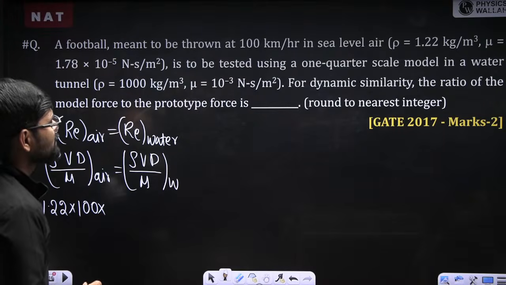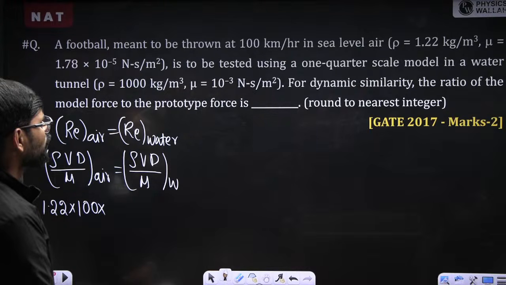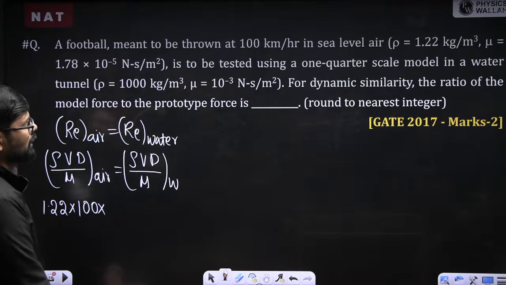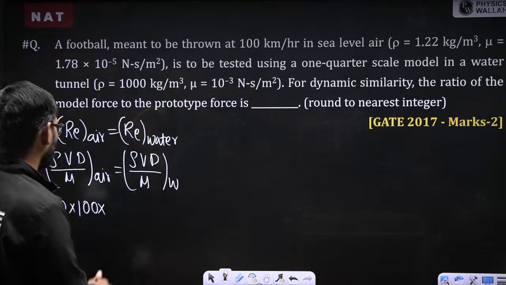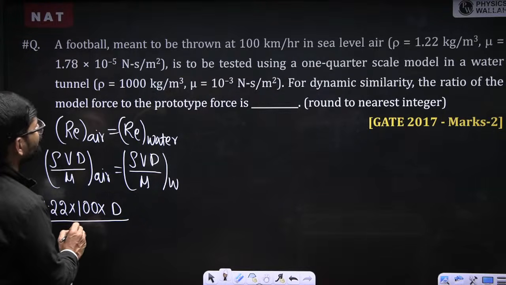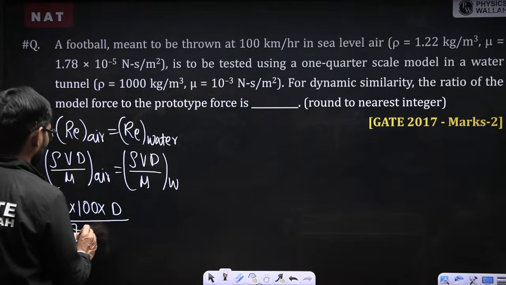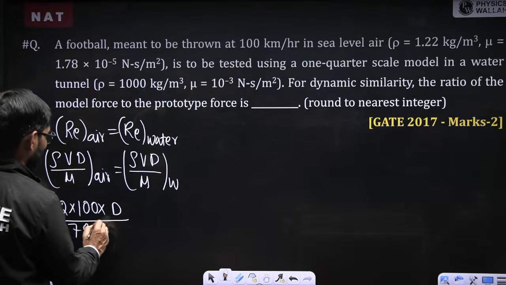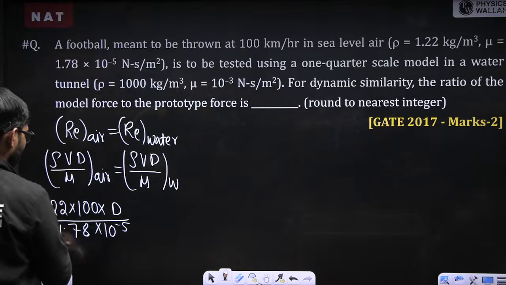D value is the 1/4 scale. Quarter scale means the D value will be reduced to D by 4 here. So here it will be D only I am writing. Here mu value is 1.78 into 10 to the power minus 5. This is D in the air.